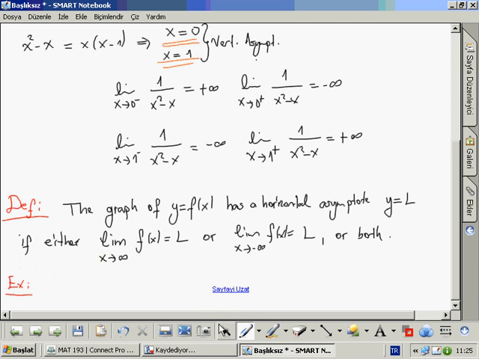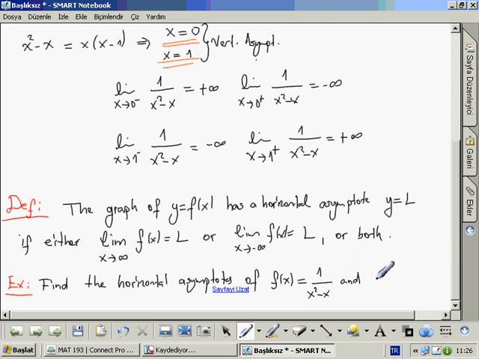And the example: find the horizontal asymptotes of f of x equals 1 over x squared minus x, and g of x equals 3x squared minus 7 over 6x squared plus 3.